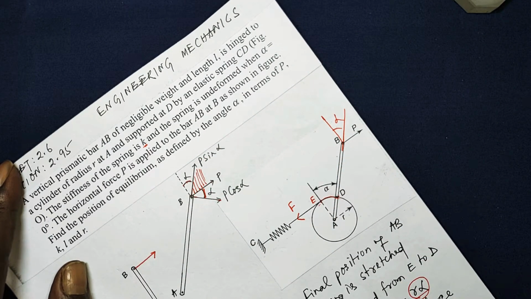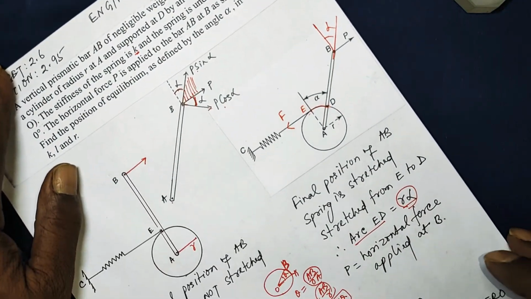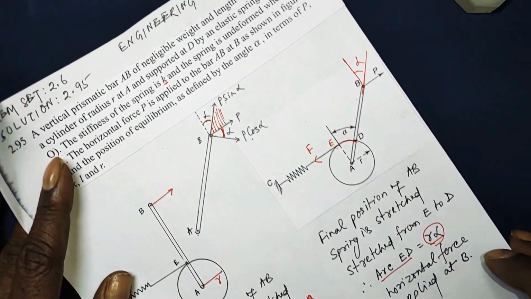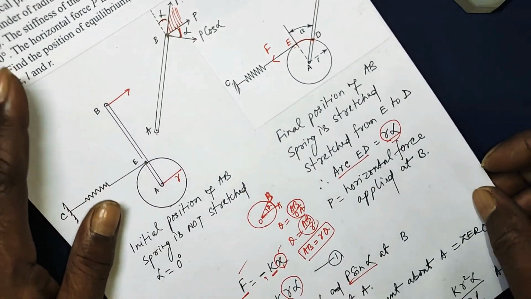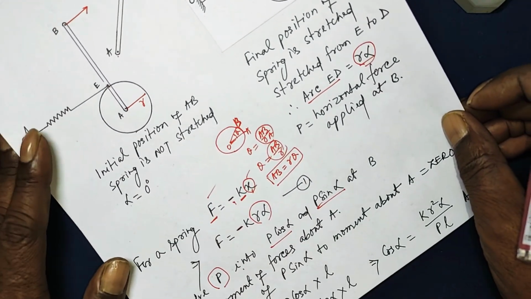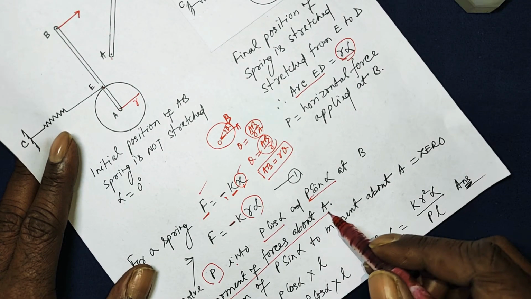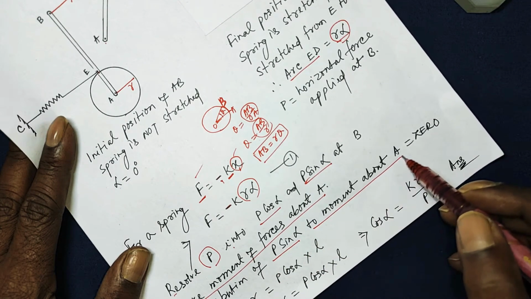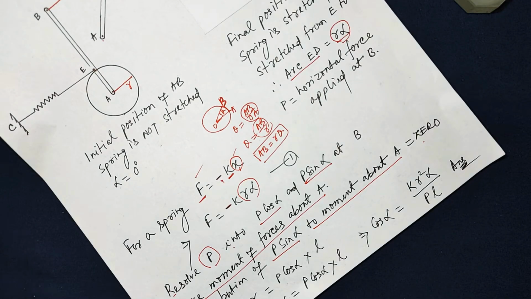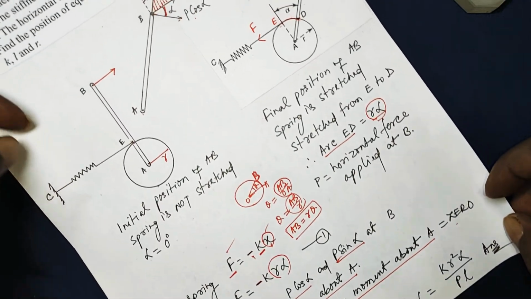Now we'll take the moment of P sin alpha and P cos alpha about the point A. Since P sin alpha is passing through the point A, P sin alpha will not have a turning effect about point A. So take the moment of forces about A. Contribution of P sin alpha to moment about A is 0 because it does not have a perpendicular distance from point A. It is passing through the same point.